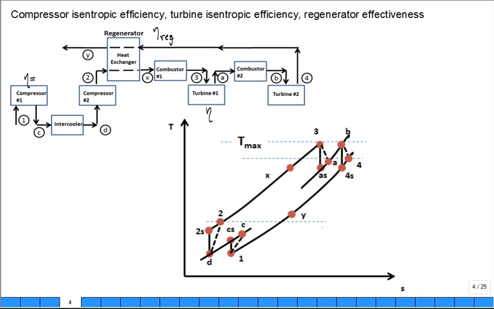Well, first of all, the effectiveness of the regenerator means on this temperature-entropy diagram that the temperature at X is going to be less than the temperature at 4. Because if it was 100%, Tx would equal T4. It would be a perfect counterflow heat exchanger. Likewise, Ty would be equal to T2 if it was 100%. But if it's not, Ty is greater than T2. That's the first thing.